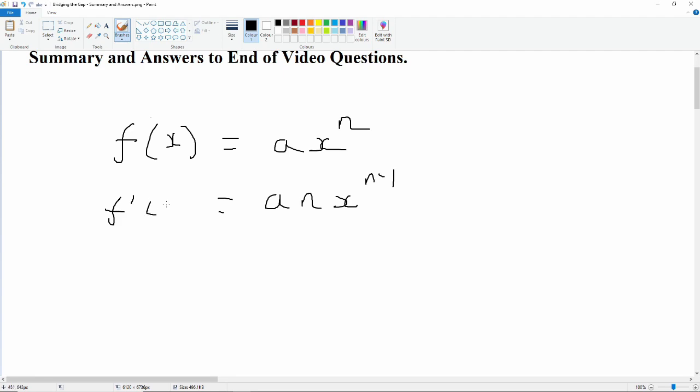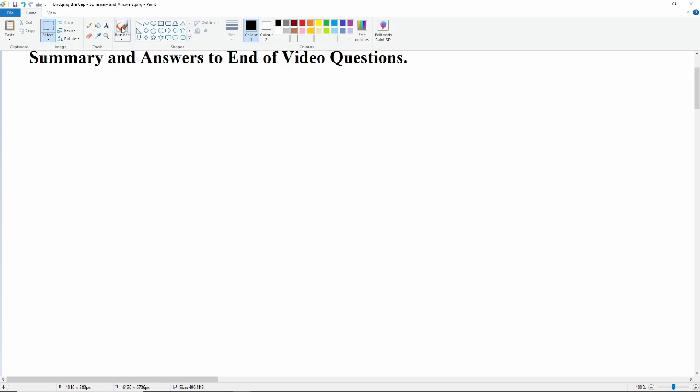Or rather, the derivative is a function that gives us the slope at any particular point. And we've learned that there are ways that we can find the derivative of more complicated expressions or equations, such as the chain rule, the product rule, and the quotient rule.